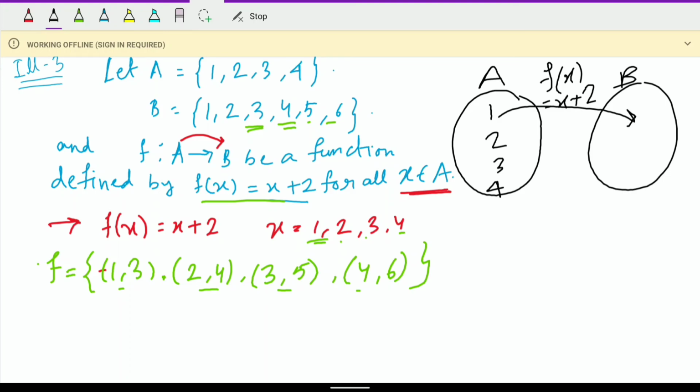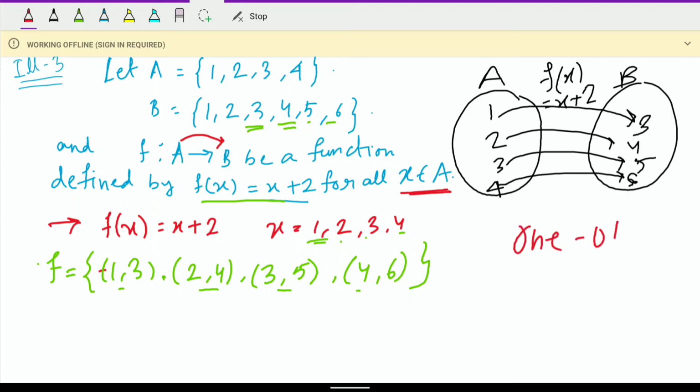So 1 creates 3, now 2 is 4, 3 is 5 and 4 is 6. So it's a 1-1 function.